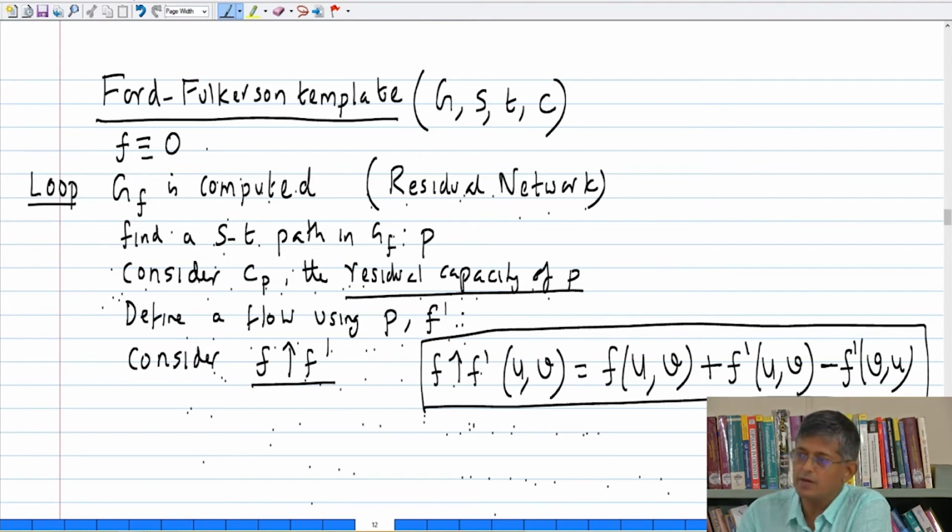And we will prove properties of this f augmented with f prime. This flow, we will prove some interesting properties, and we will repeat this step till you can't find an ST path.